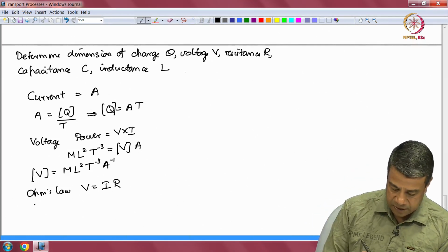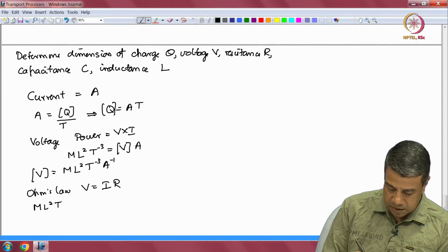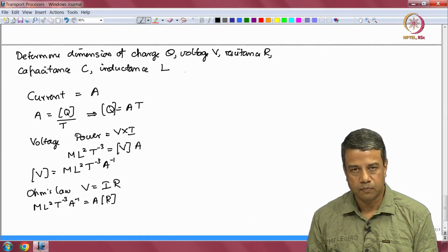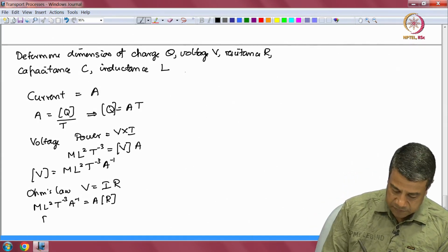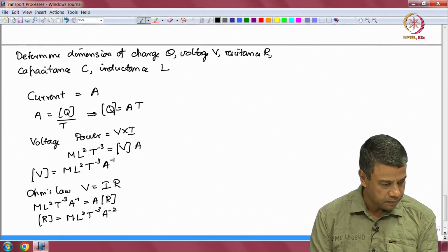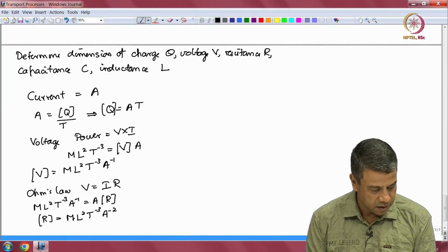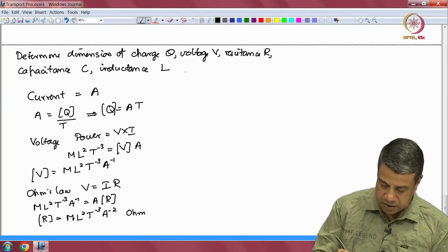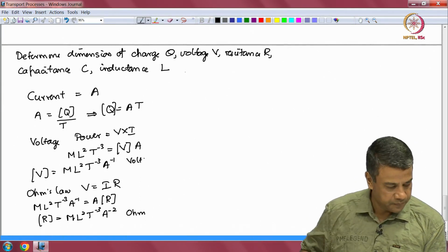Therefore, the dimension of V, which is m L square t power minus 3 A inverse, is equal to the dimension of current, which is A, into the dimension of resistance, which means that the dimension of resistance is m L square t power minus 3 A power minus 2. The SI unit of this is ohm, and the SI unit of voltage is volt.